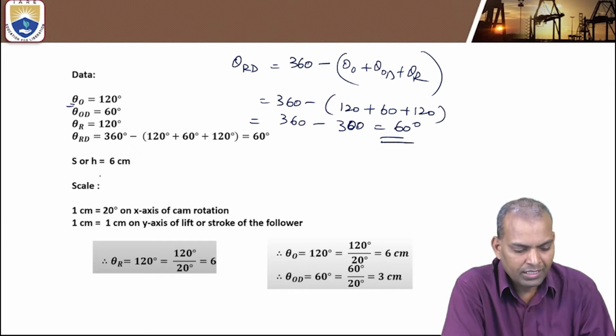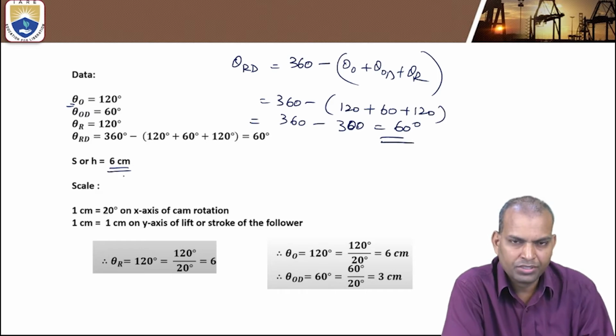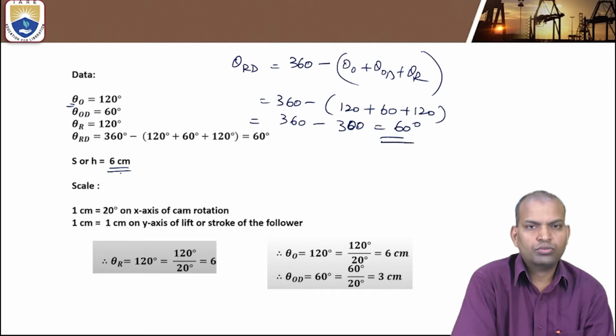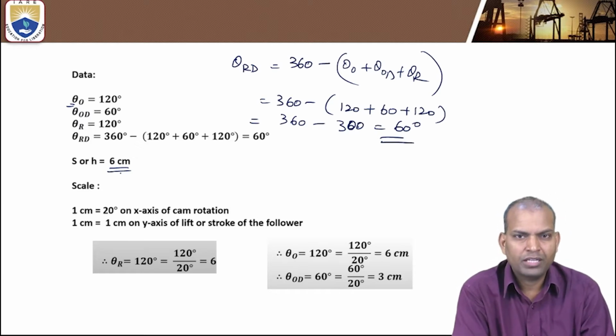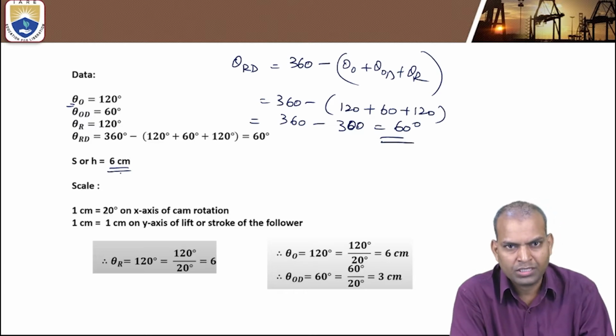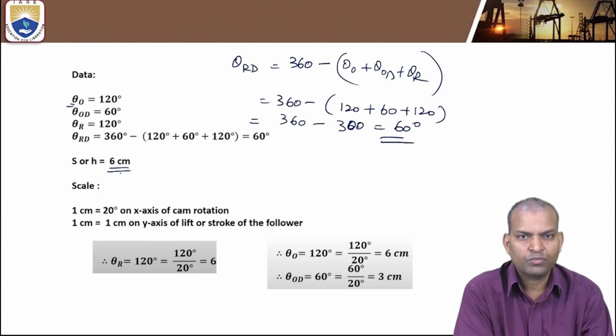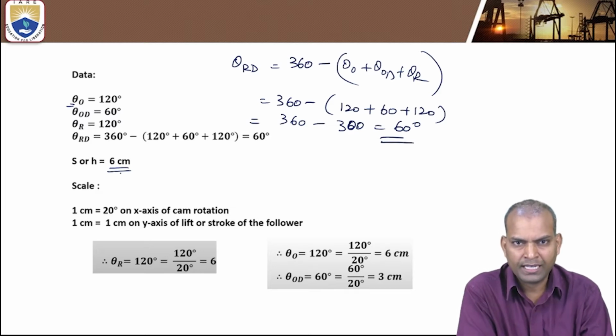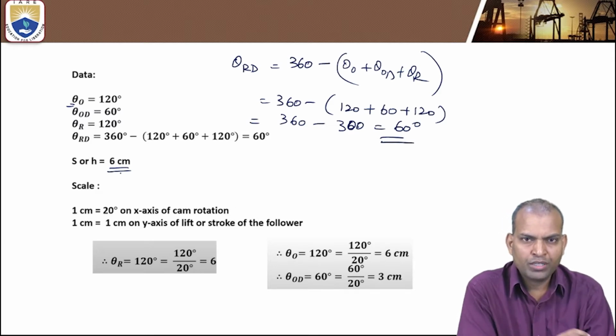Now they have given the stroke length, the rise, that is 6 centimeters. In order to draw the cam profile, we have to draw the motion diagram, that is the simple harmonic motion diagram.